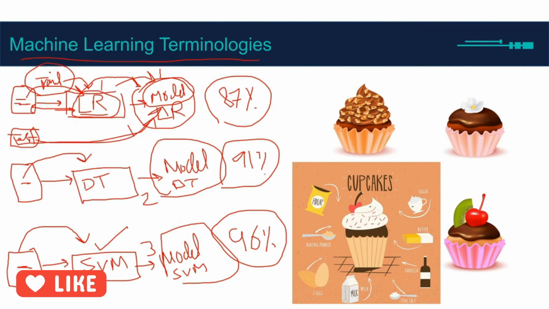Then I will feed the test data. Logistic regression didn't see the test data because I was training only on the training data, okay? And then I will have the accuracy of how accurate the model is on this test data. I hope now it's clear.